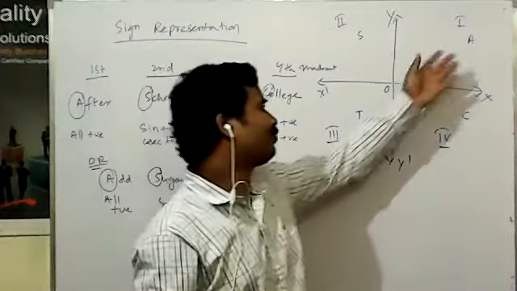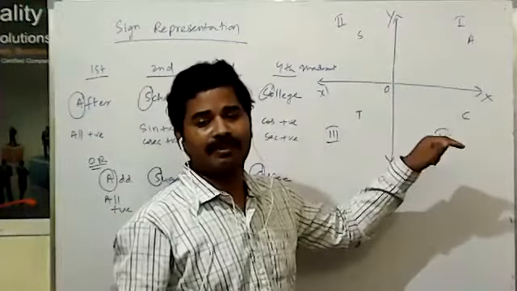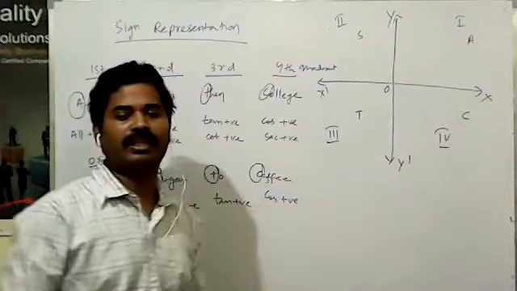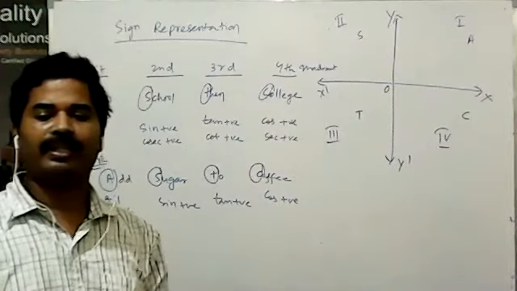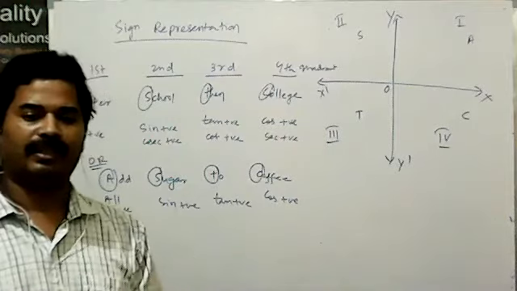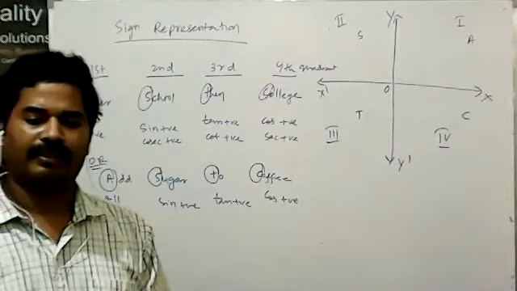Or you can also say ASTC. Sometimes instead of ASTC we might say CAST, so it goes wrong. This is an important memory technique to easily memorize. That is the way for finding the sign of the function.